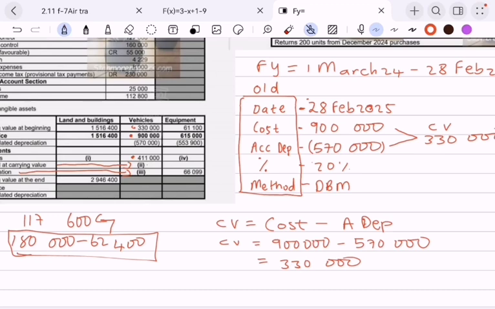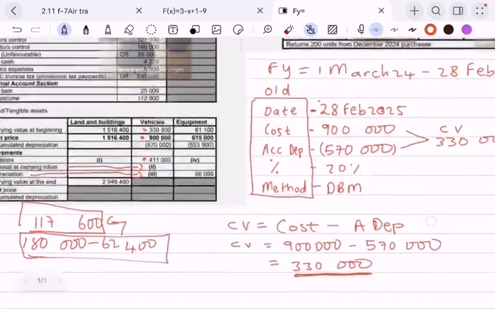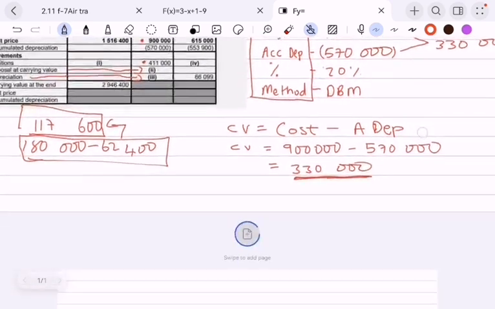Simple. But the problem is, amongst the old carrying value of these vehicles, we still had something happening there. And what was that? It was the vehicle which we just disposed. So you want to first minus its carrying value.